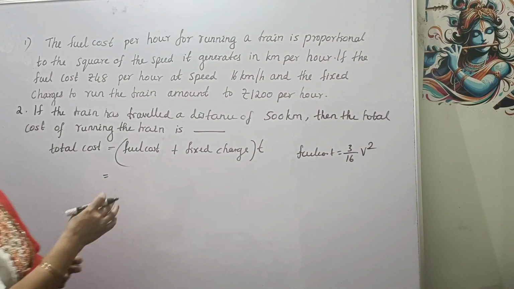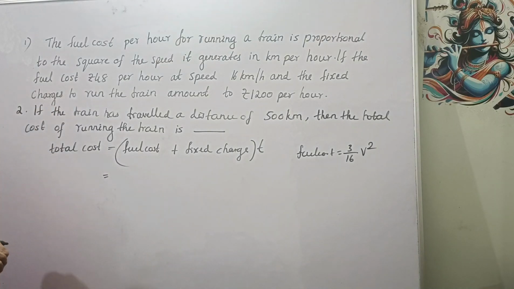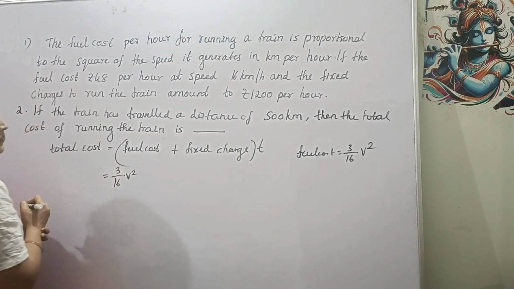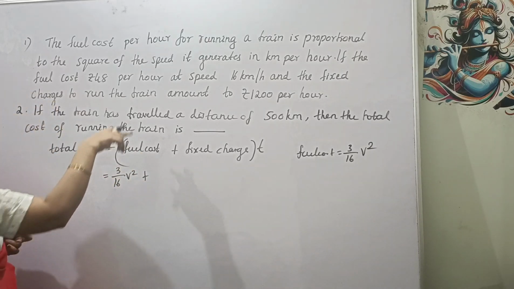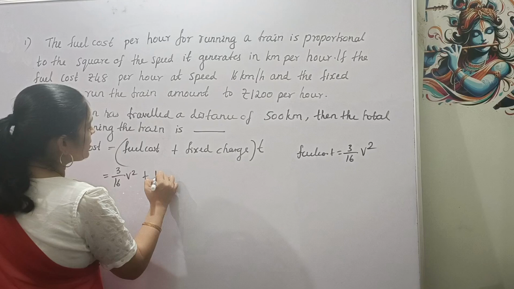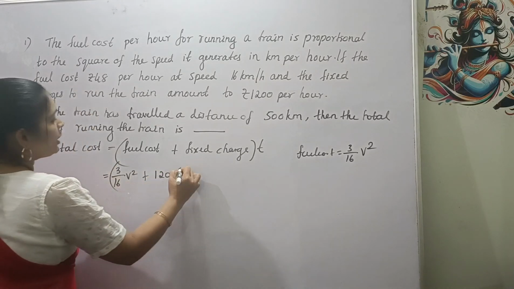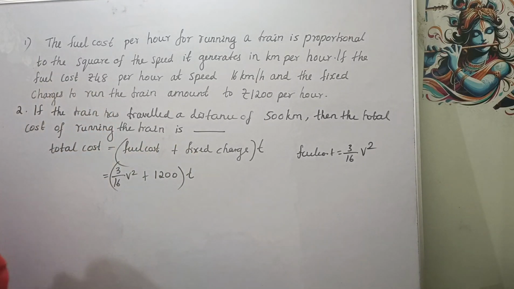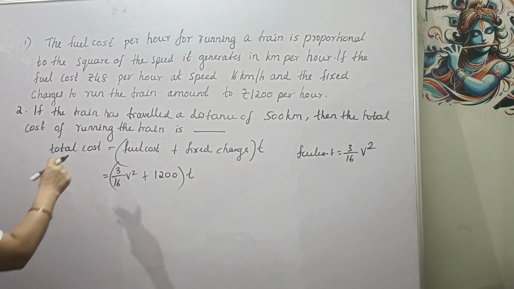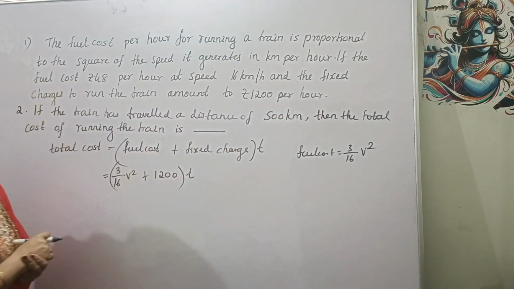So fuel cost is 3 by 16 v square plus the fixed charge. It is given that the fixed charges to run the train amount to rupees 1200 per hour, so 1200 into t.